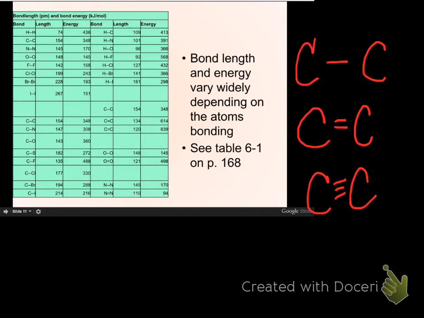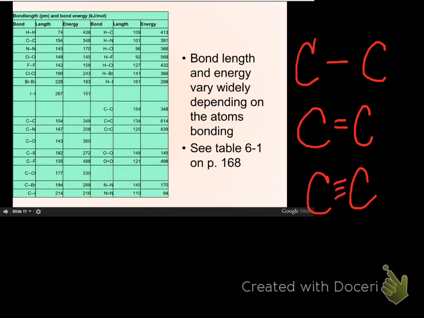When you make multiple bonds, they tend to get shorter and shorter. A double bond is going to be shorter than a single bond, and a triple bond is going to be shorter than a double bond. And those shorter bonds have got a lot more energy contained in them.